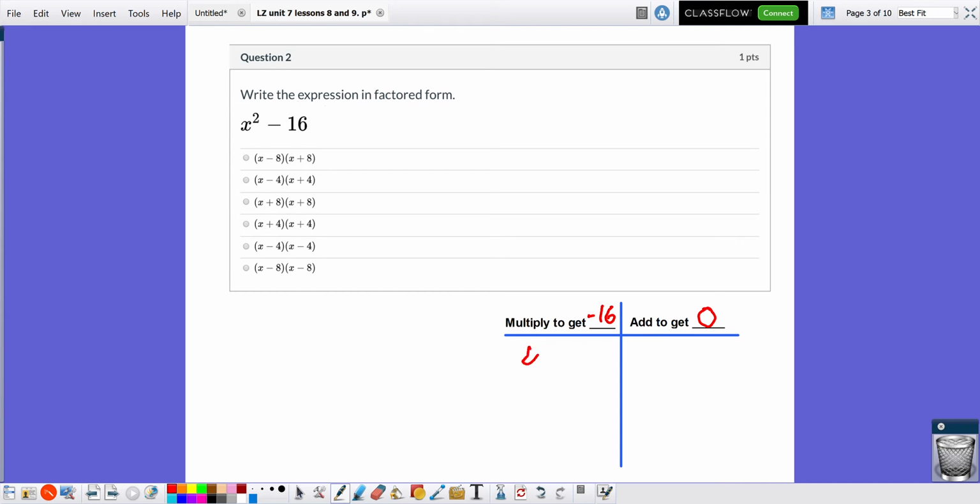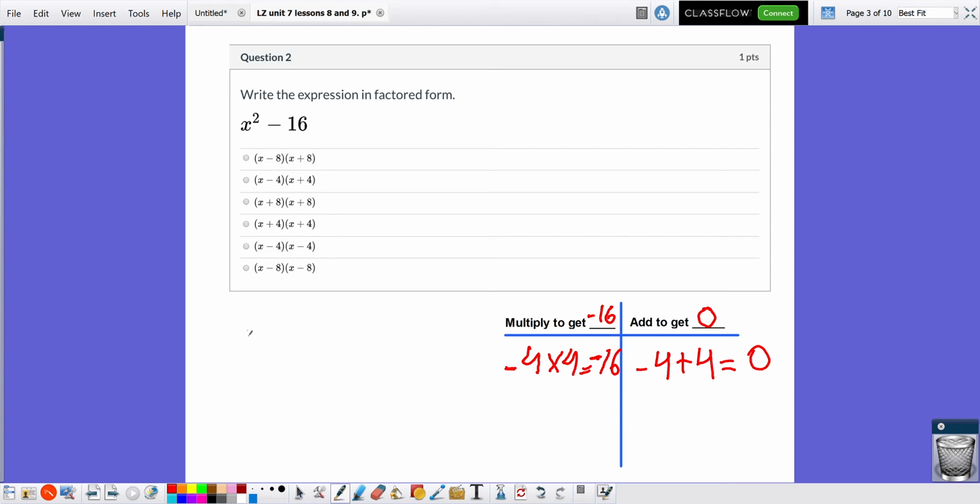I know that 4 times 4 equals 16, but I need negative 16, so I will make one of the 4's negative. So negative 4 times 4 is negative 16, and negative 4 plus 4 equals 0.